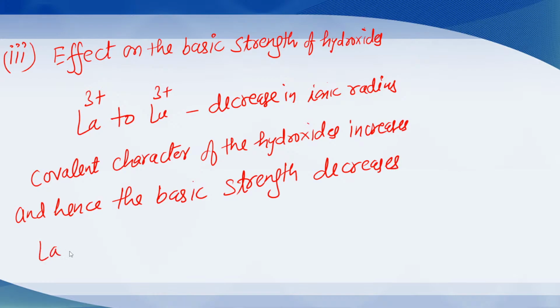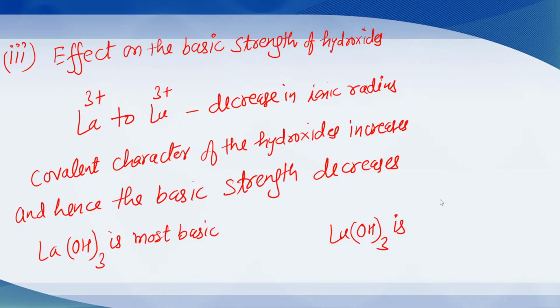So if we compare lanthanum hydroxide and lutetium hydroxide, lanthanum has the largest size, so it is most basic, and lutetium ion has the smallest size, so it is least basic.